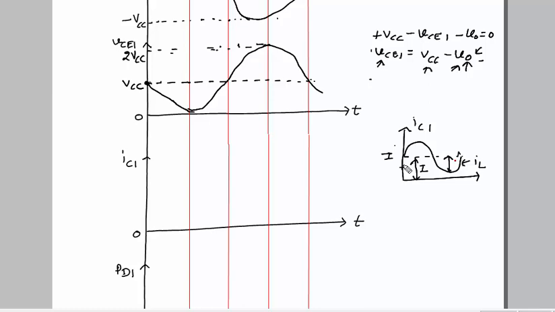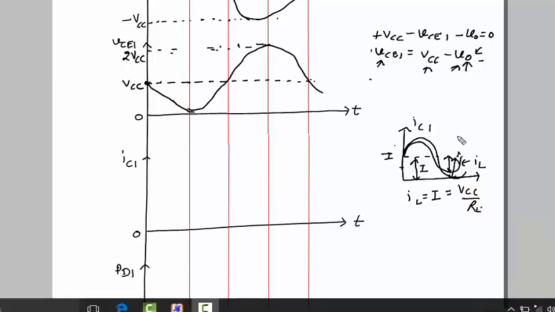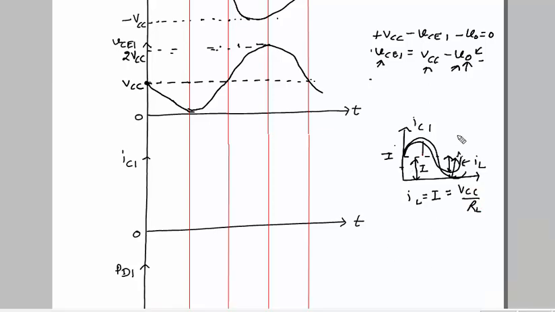Now if we assume that I is selected in such a way that the maximum negative load current is allowed, it means this can go like this. This also IL equals I. So in this case, IL becomes I, which is nothing but VCC by RL. So this also will be I. So from here it is 2I.